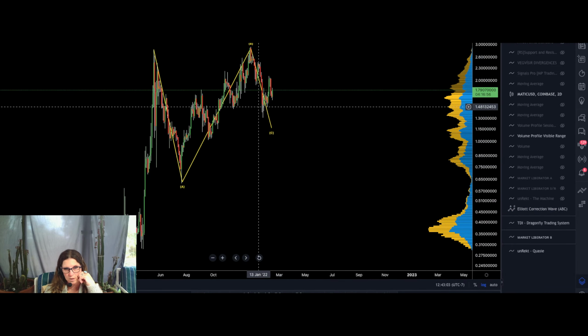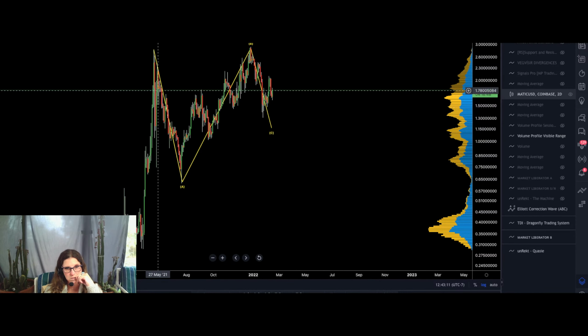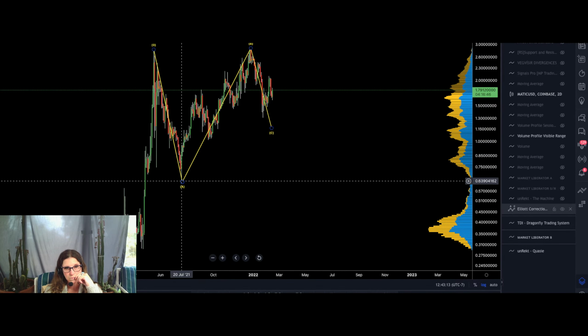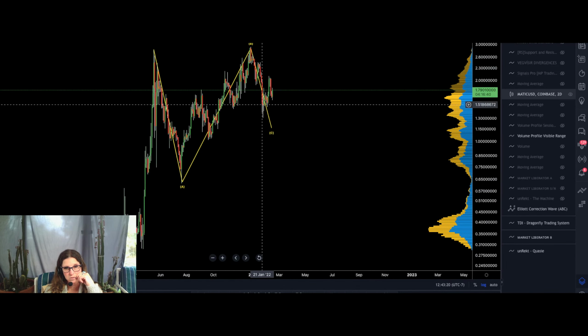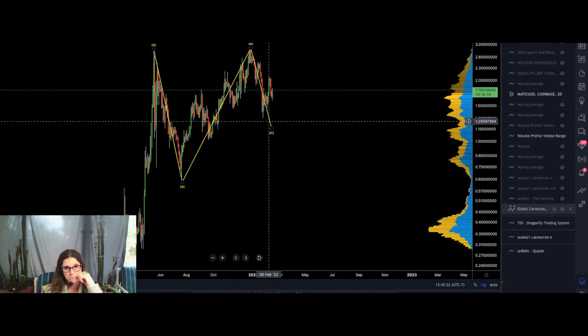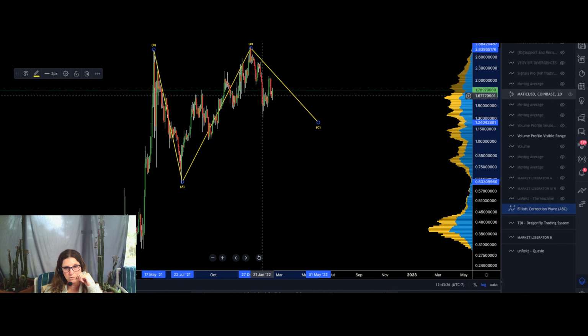This is way too big. And actually, we dumped over here first, so this is a three-wave move down. If this is not a leading diagonal, then we're making some kind of W, X, Y, or A, B, C. And this is definitely corrective. I can see the overlap.